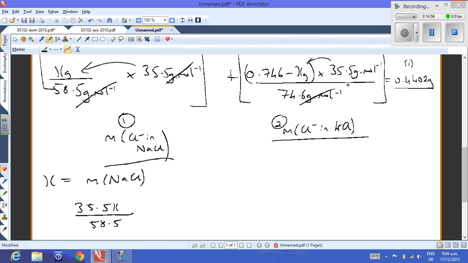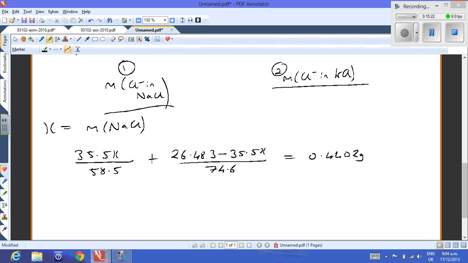Those units cancel out nicely. So it's 35.5x over 58.5 plus 26.483 minus 35.5x over 74.6. So all of that is still equal to 0.4402 grams. We take the page down a little bit now.